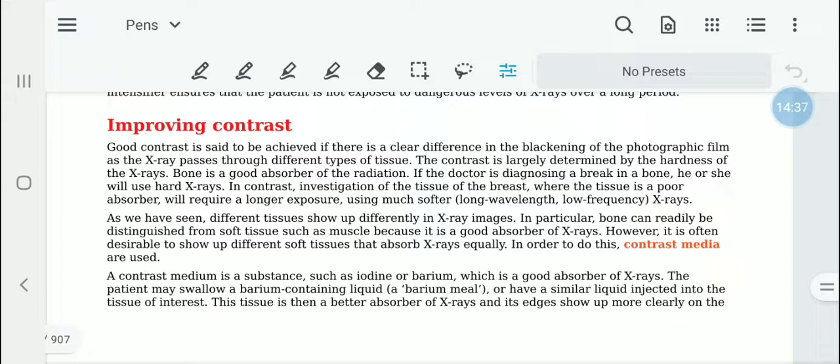When bones are to be observed, hard X-rays are used, but when soft tissues such as breast tissue are observed, soft (within brackets, long wavelength, low frequency) X-rays are used.